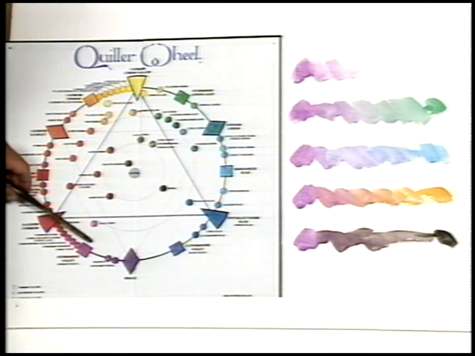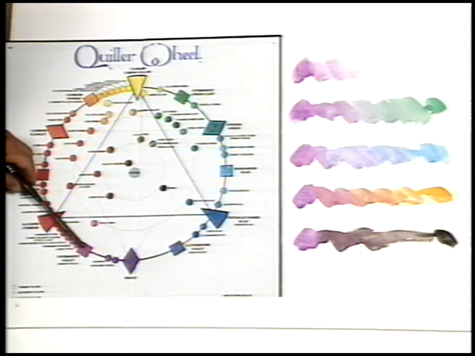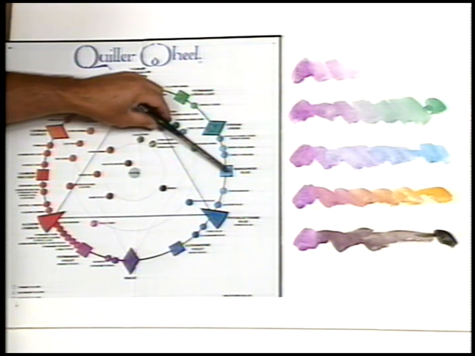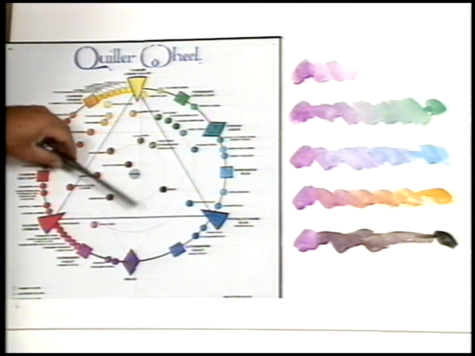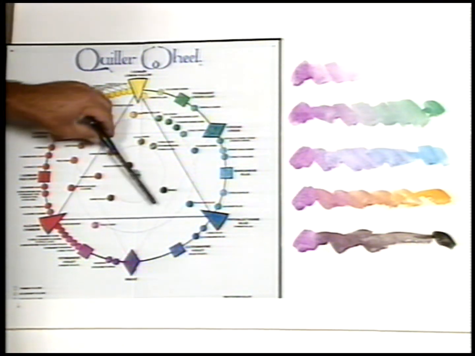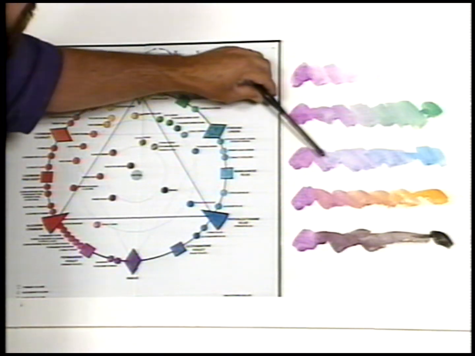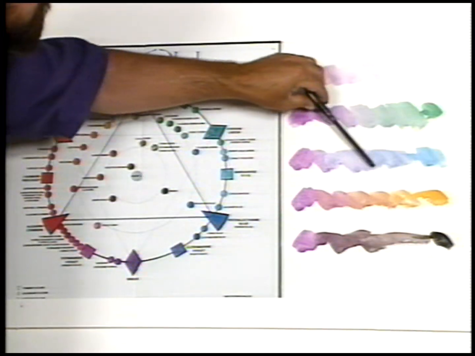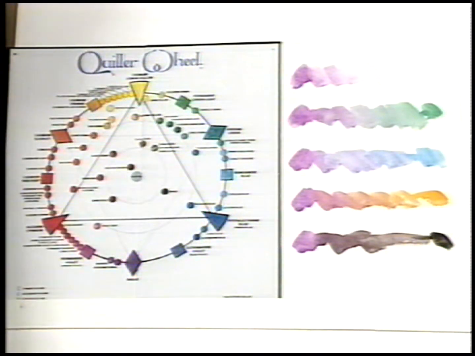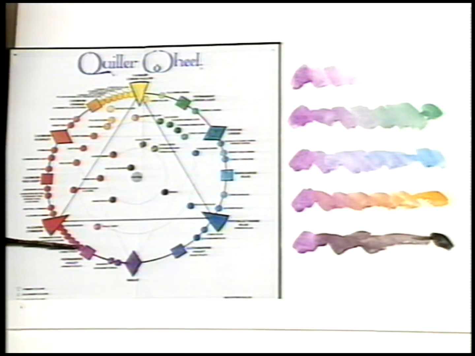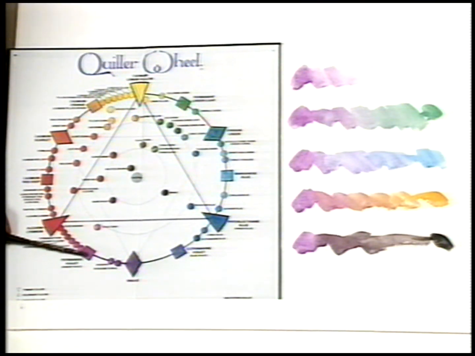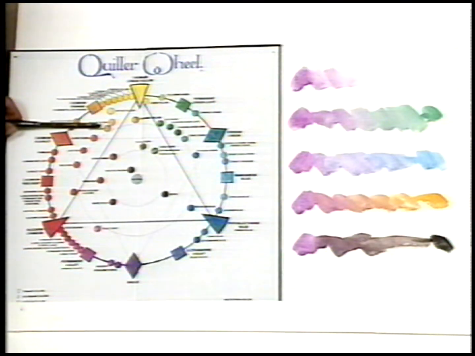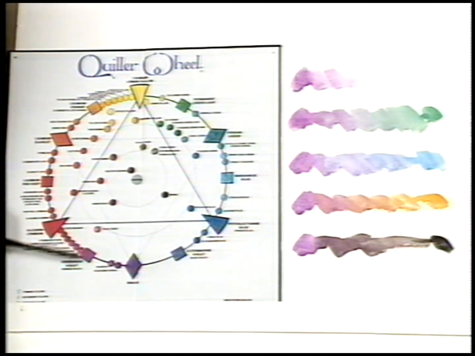Another thing that we can do with the red-violet is go to the triadic mix, which is blue-green. And as you can see here, we're working through the semi-neutral as we go from red-violet to blue-green, to create a nice, soft, neutralized color. We then can take the red-violet and move up to the yellow-orange and work with the semi-neutral range right in through here.